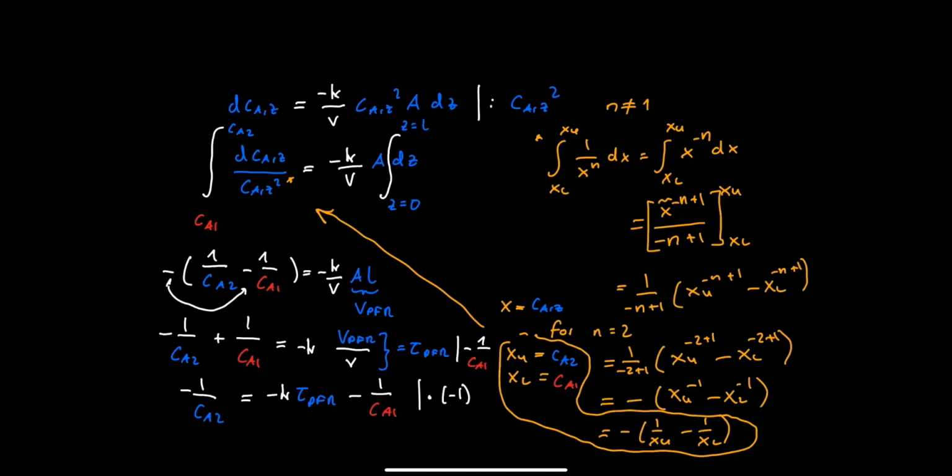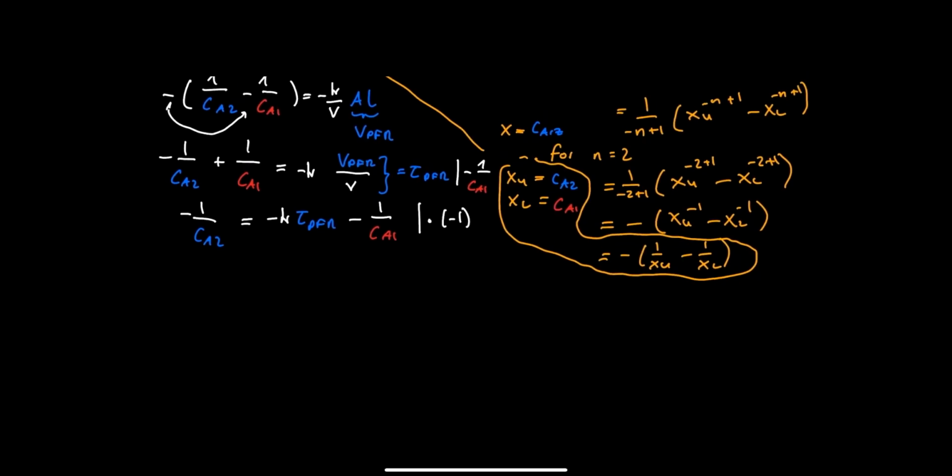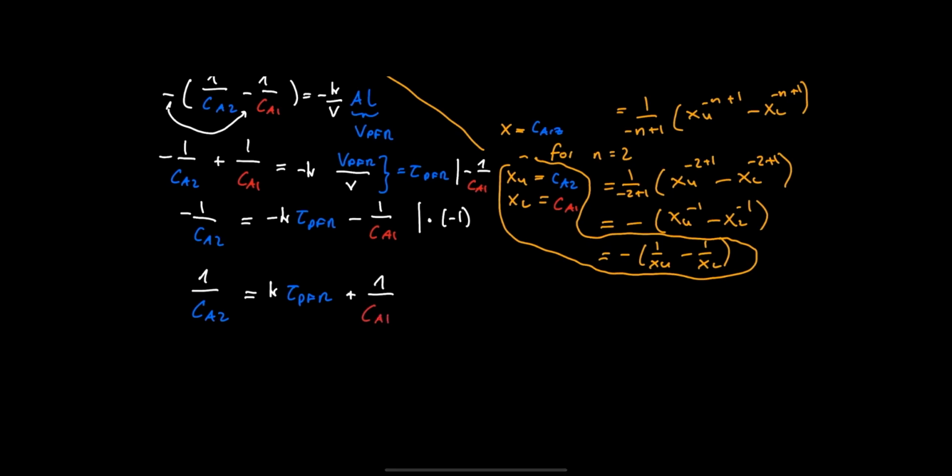We will multiply the equation with negative 1, resulting in 1 divided by CA2 being equal to K times tau PFR plus 1 divided by CA1.